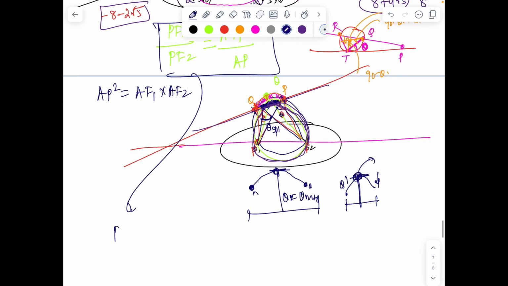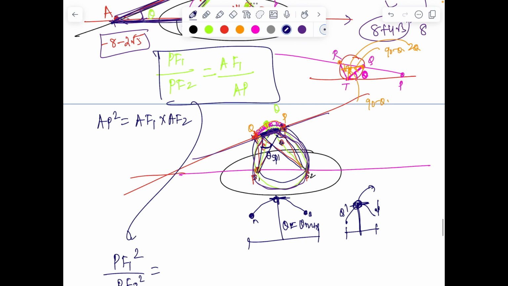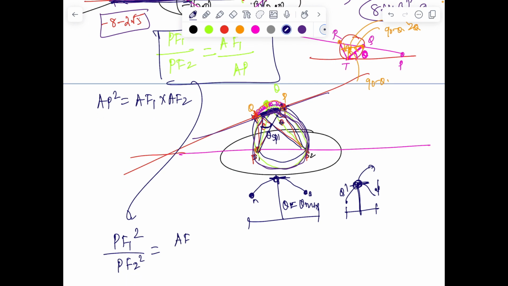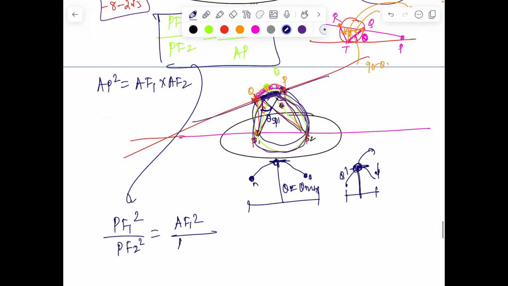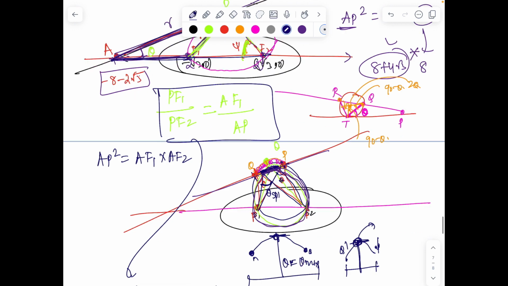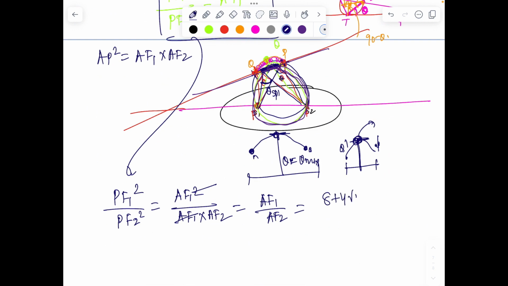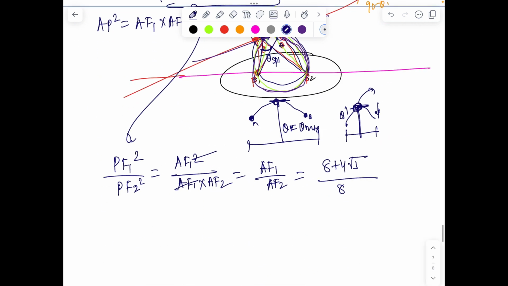Square this expression. So PF1 square by PF2 square is going to be AF1 square by AP square, and AP square is AF1 into AF2. So you can simply cancel this, and we get AF1 by AF2. Now what is AF1? Just now we calculated it is 8 plus 4 root 3, and AF2 is 8.